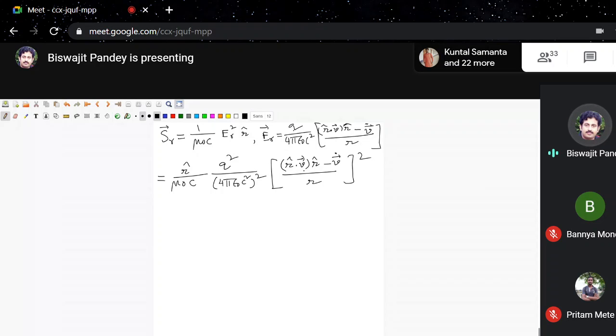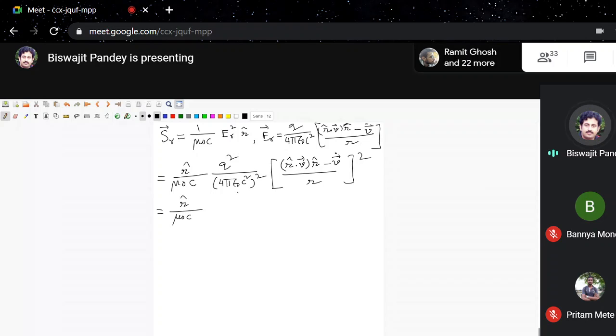So A minus B square. So let us simplify it. R cap divided by mu naught C. Let us simplify it a bit further. 1 by epsilon 0 C square, or maybe C square. I can break this into two parts.